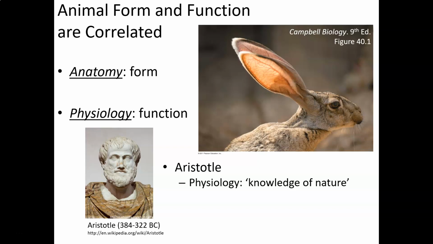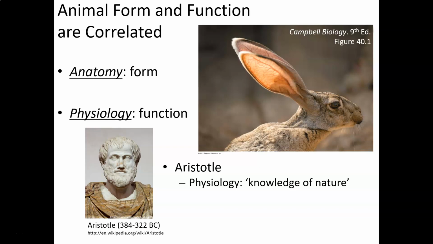So, one of the earlier figures that really started to put physiology on the map in terms of a science was Aristotle. And Aristotle actually defined physiology as the knowledge of nature. Now, what's kind of interesting about that is we don't use that definition anymore, right?